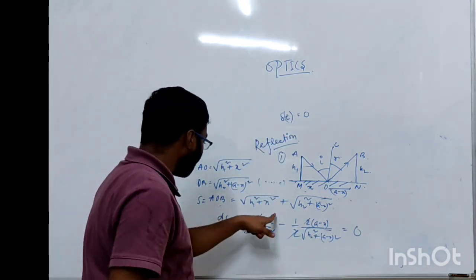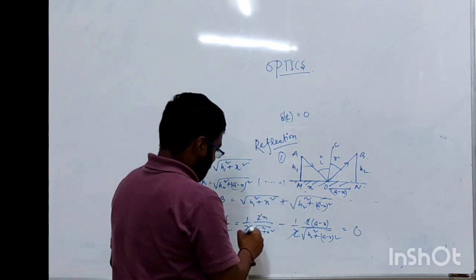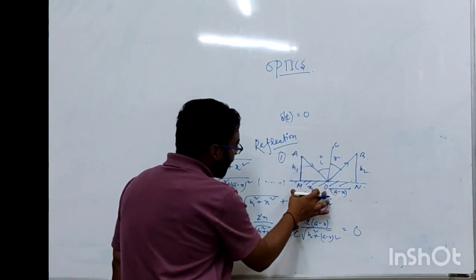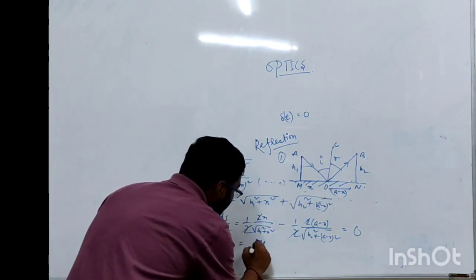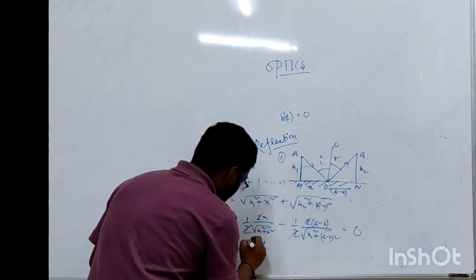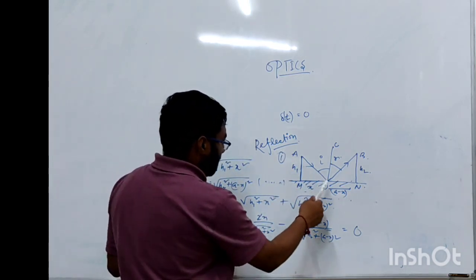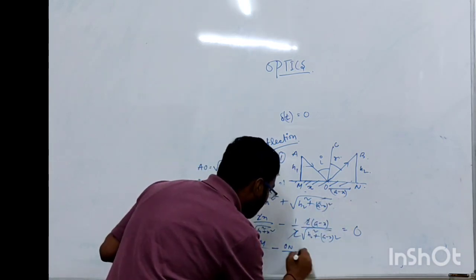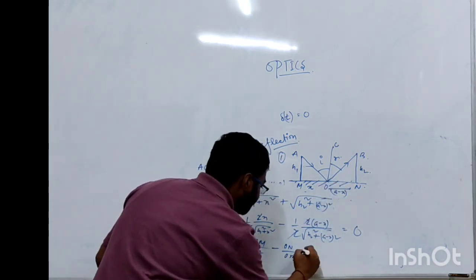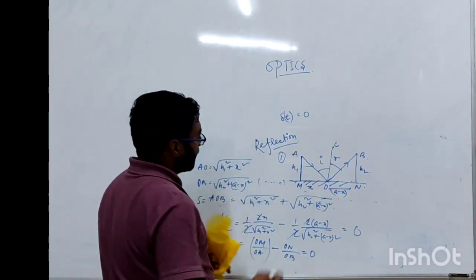So this is X by root over H1 square plus X square, that is OM by OA, minus ON by OB equal to 0.